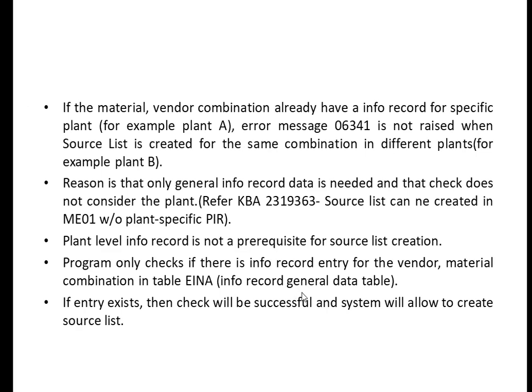Let's take one example. Suppose we have two plants, plant A and plant B, and for plant A we created one info record. We know how to create an info record using the ME11 transaction code.